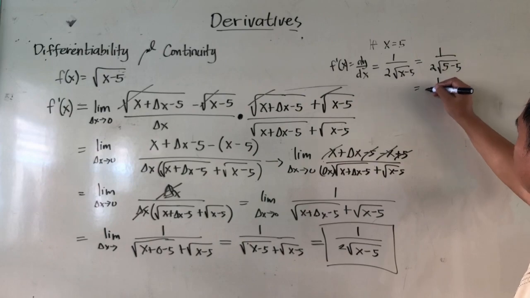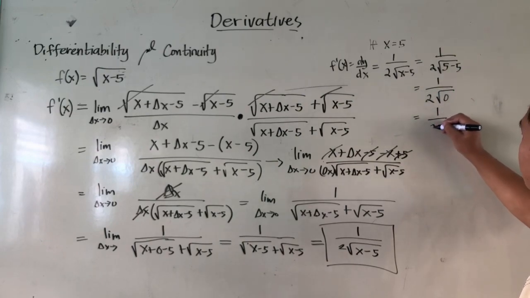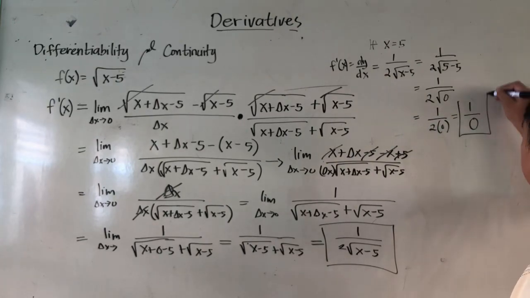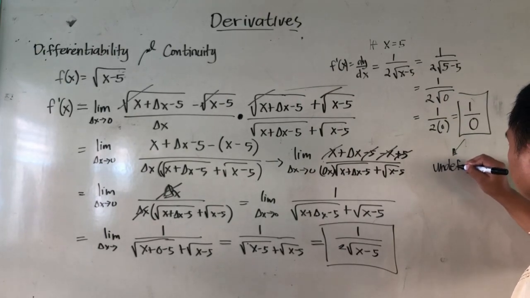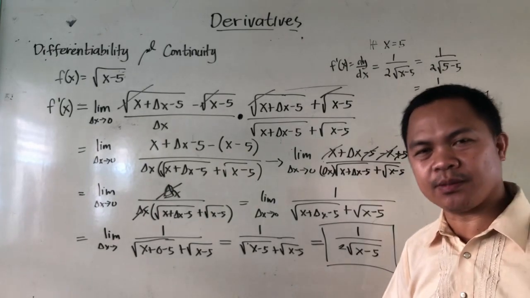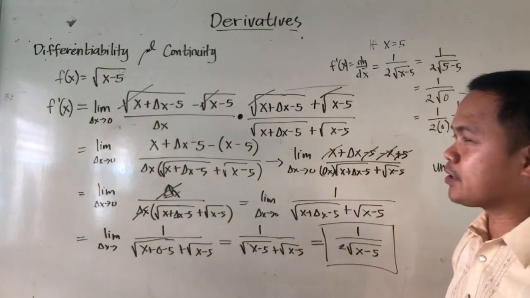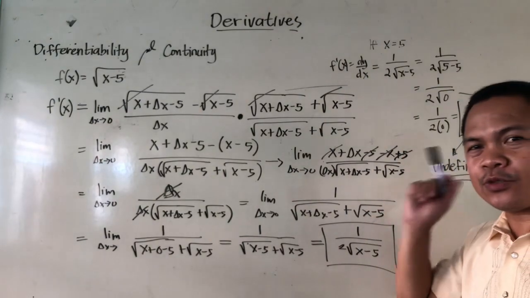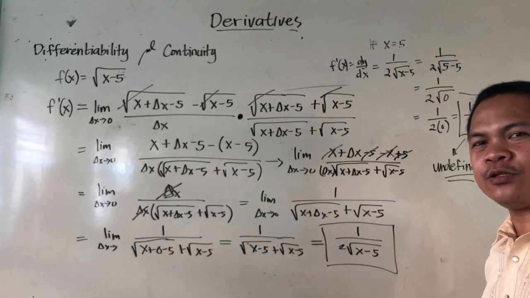That will give us 1 over 2 times the square root of 0, which is 1 over 2 times 0. That will give us 1 over 0. This is undefined. When we say undefined, this is not differentiable. Meaning, the given function, the square root of x minus 5, is not differentiable because it will result to 1 over 0, which is undefined in calculus.